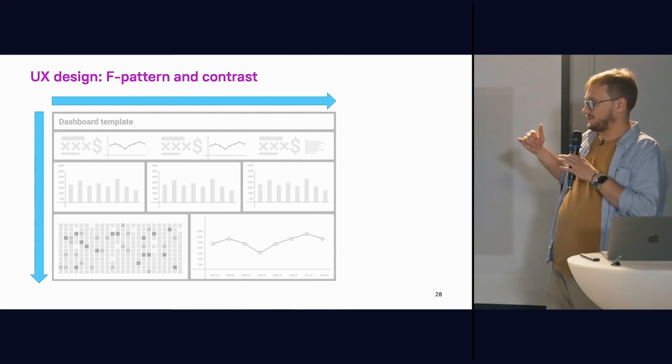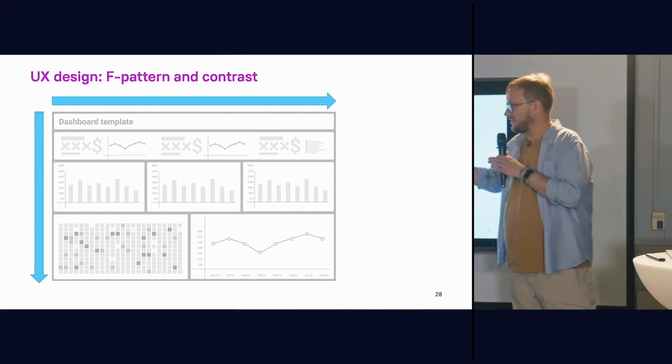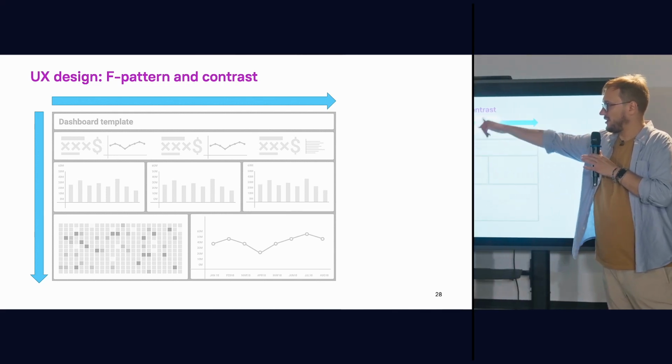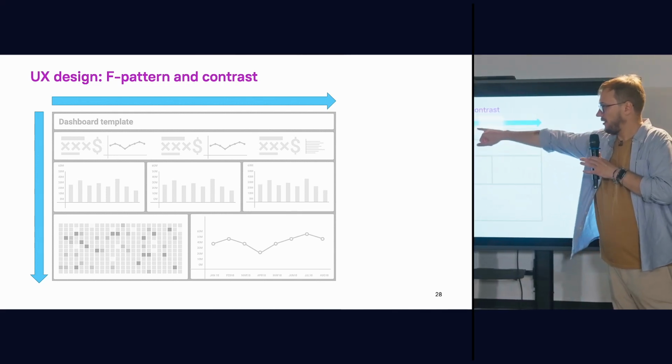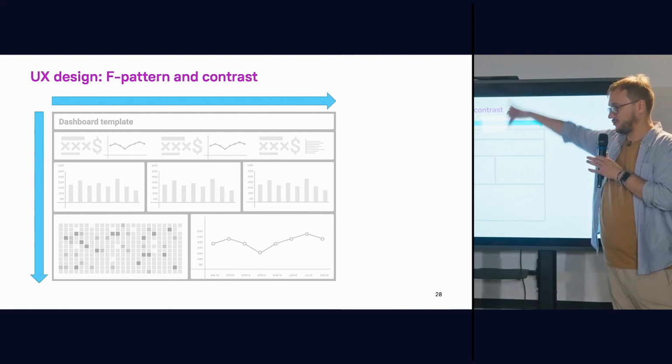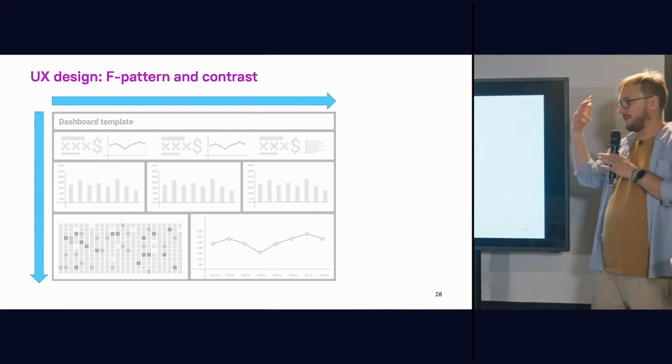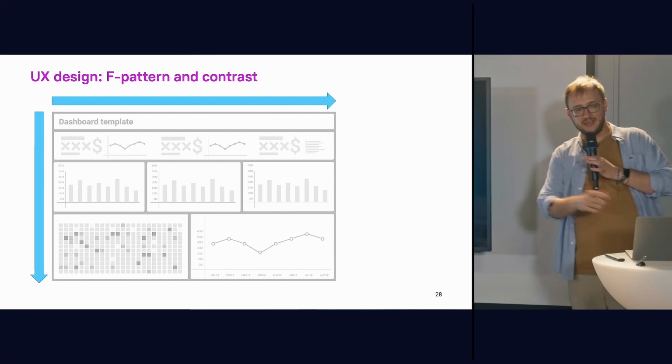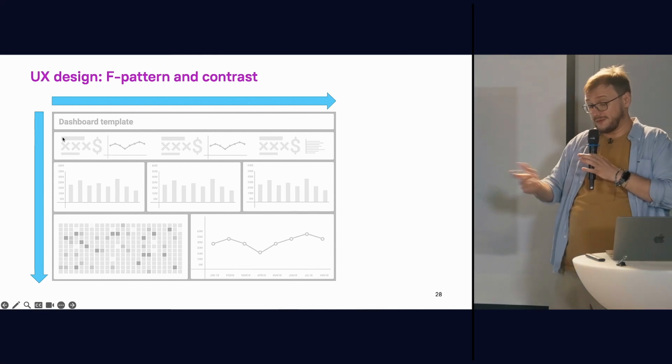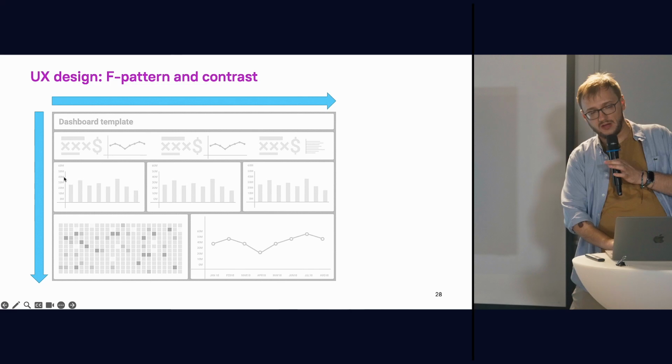And the idea is that, for example, in Eastern culture, we read our textbooks from left to right, from top to down, and it creates our F pattern. So approximately most of the people are going to look at the dashboard from these sides.